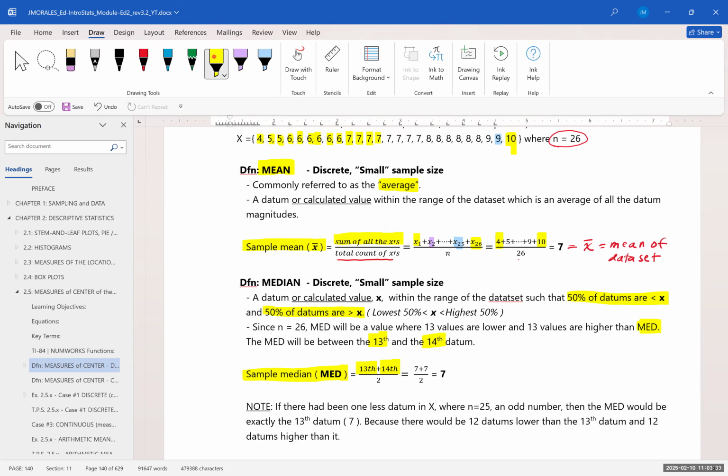So the 13th datum is a 7. Then the 14th datum, which is the one that follows it, will also be a 7. Then we'll add those two together and divide by 2. And so our median is equal to 7.